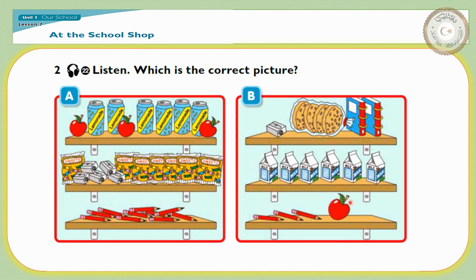So at the bottom, we have here apple and the 3 pencils. But here at the bottom, we have some pencils. So these two pictures are different. Which picture is correct? We don't know. We need now to listen and decide which picture is correct.